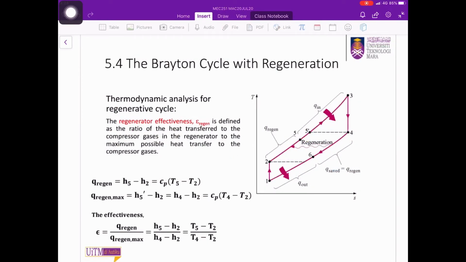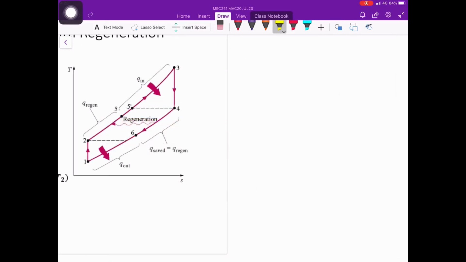In order to analyze the regenerative cycle, we can use the regenerator effectiveness, epsilon regen. Regenerator effectiveness is the ratio between the heat that is being transferred to the compressed air and the maximum heat that can be transferred. For a heat exchanger, the steady flow energy equation for Q regen will become this expression.